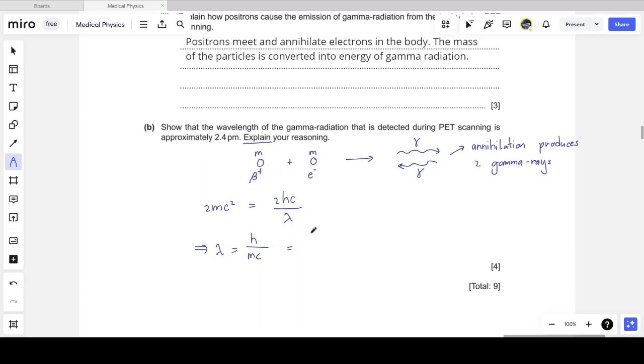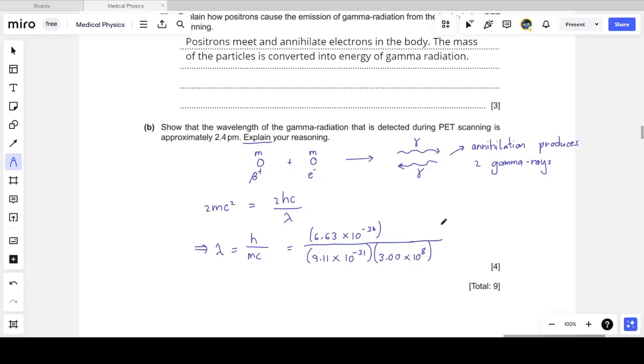Now if I put my values into this equation, this is 6.63 times 10 to the minus 34 joule seconds divided by, now don't be confused by this mass, this is the mass of an electron, of a positron. It's 9.11 times 10 to the minus 31 kg, and the speed of the electromagnetic wave is 3 times 10 to the power 8.